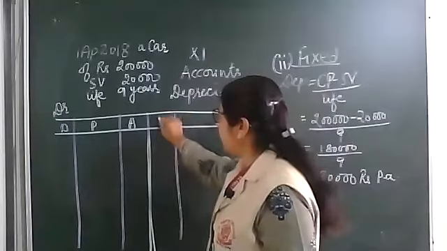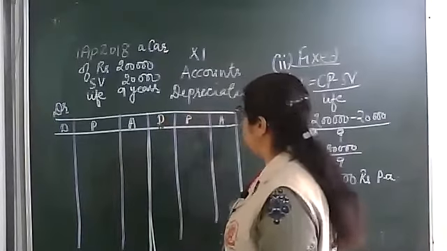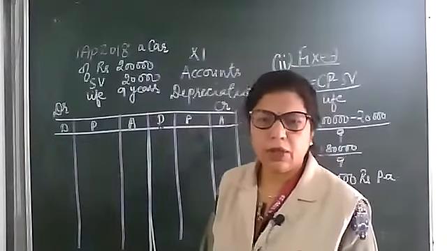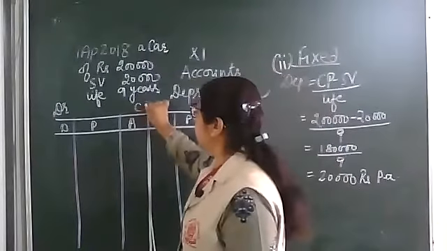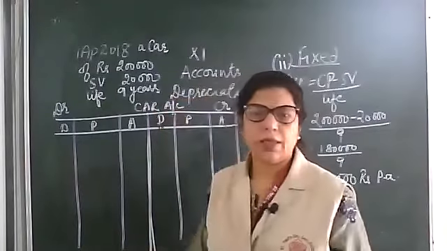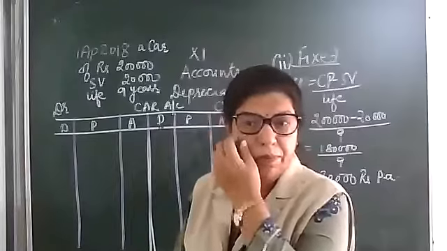Same: date, particular, amount. This is the credit side. Now in the center you will write car account.